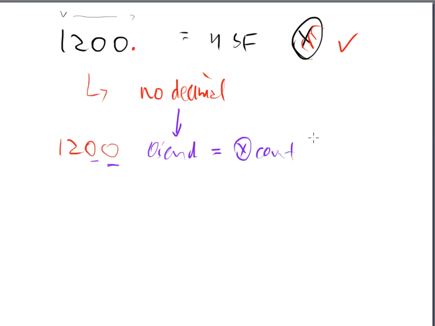And the reason is because we assume that they have been majorly rounded, and we can't be certain that they are significant or not. So with a number like 1200, the ending zeros do not count, and I only have 2 significant figures in that measurement. All right. So that's going to be the trick. That's really the only trick that you have to keep in mind when you do significant figures.